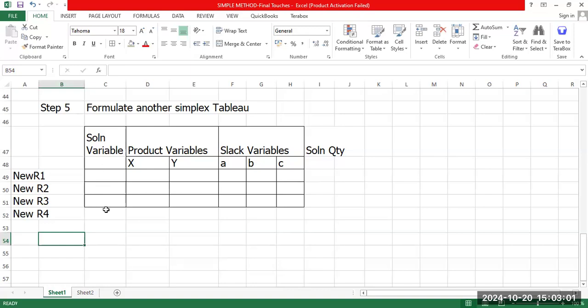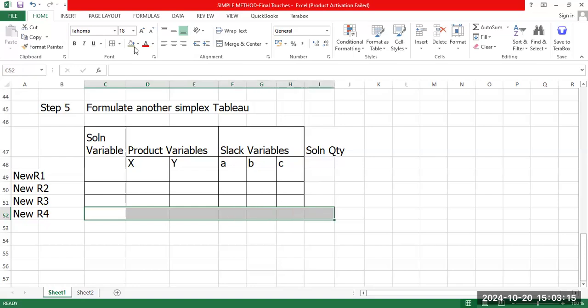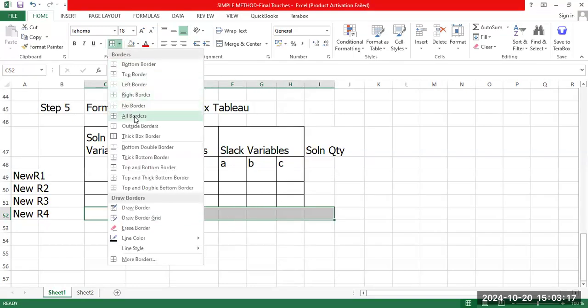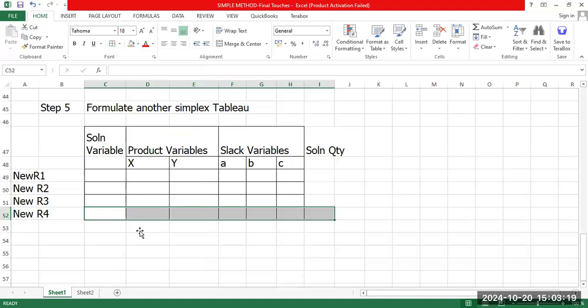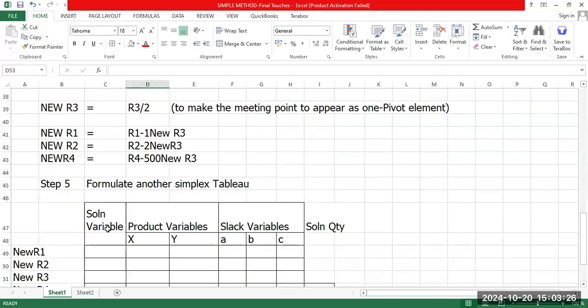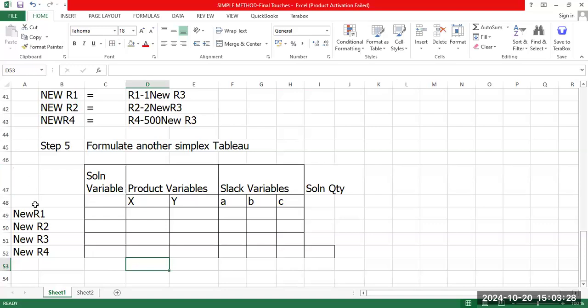And as you fill your next table, always start with the pivot row. That word is very key. Remember, what is your pivot row? Basing on these rows, which row is that?